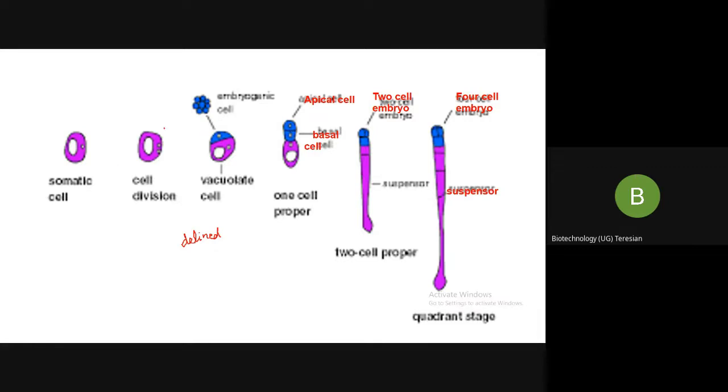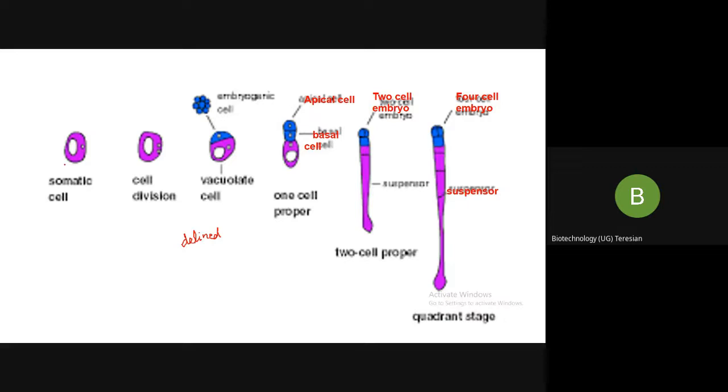In the north pole you have your shoot, and in the south pole you have your root. So these are opposite ends. So embryos are not organs. Remember that. Embryos are not organs because they are structurally independent from their parent body.